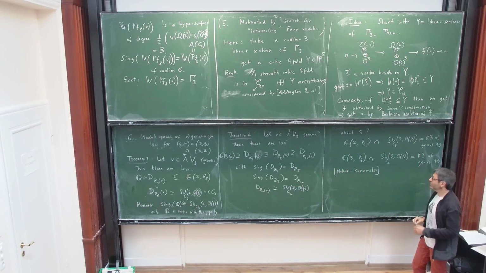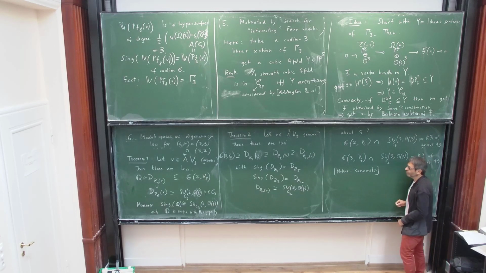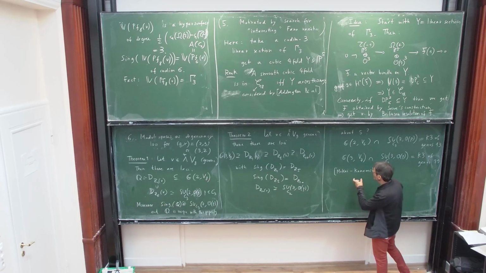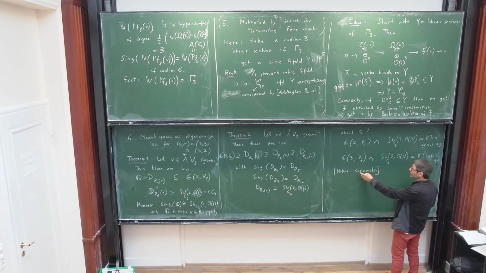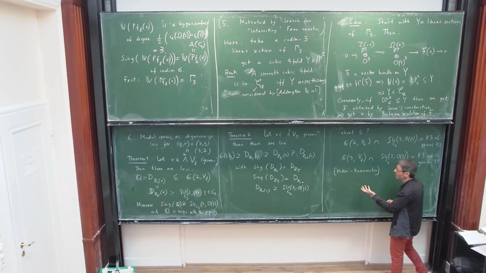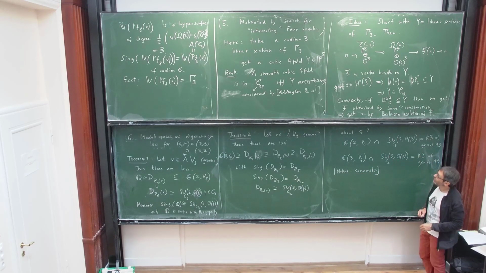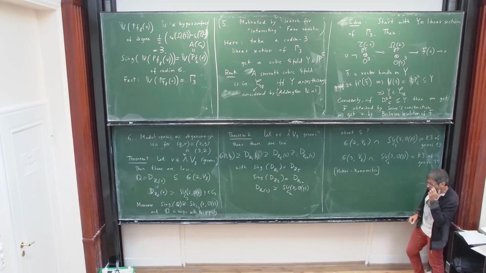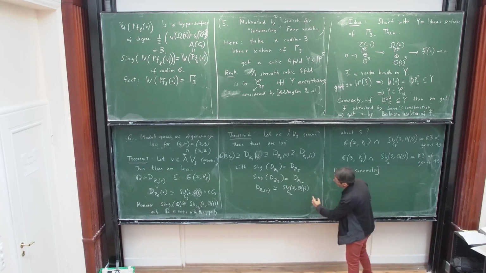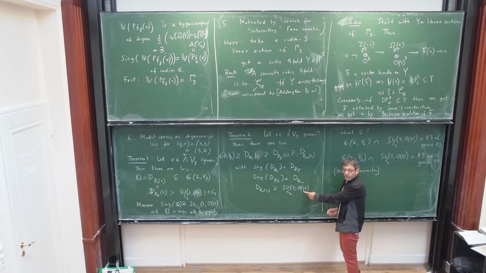I think their construction is more efficient than ours because their construction gives rise to a general K3 of such genus, while ours doesn't. Their construction amounts to taking the same thing but letting this point vary.